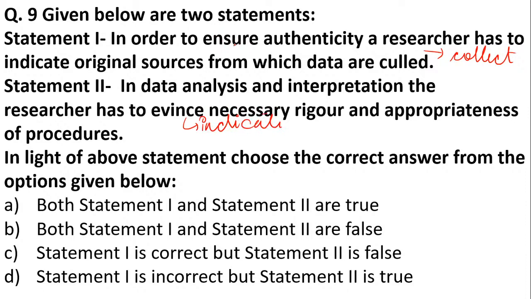So, in order to ensure authenticity, a researcher has to indicate original sources from which data are collected. This statement is correct, and in data analysis and interpretation, the researcher has to indicate necessary rigor and appropriateness of procedures. So he should follow the procedures. So here both the statements are correct.